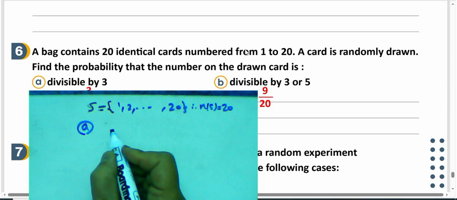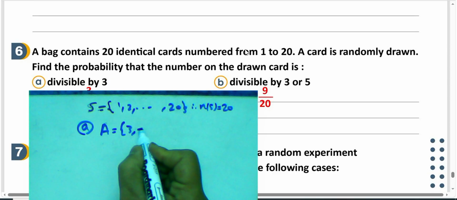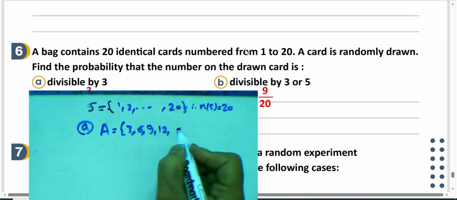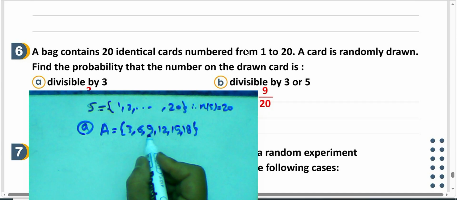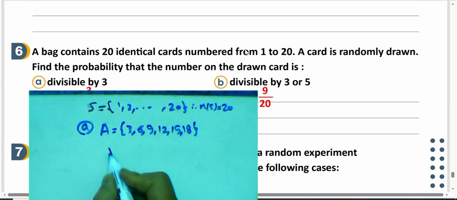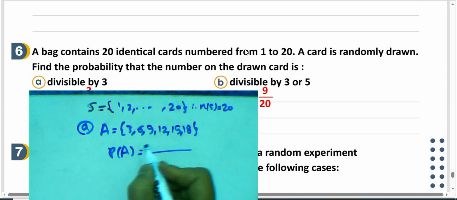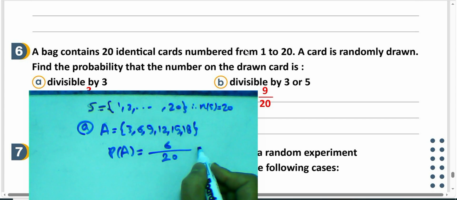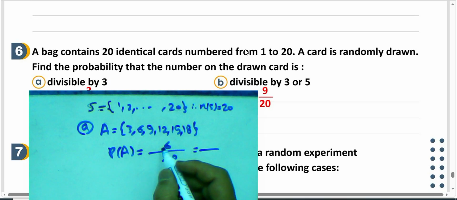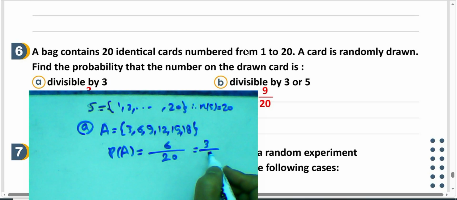So letter A, we want to find the numbers divisible by 3, right? 3, 6, 9, 12, 15, 18. So the probability of event A equals the number of elements here, 1, 2, 3, 4, 5, 6 over 20. 6 over 20, you can simplify by dividing numerator and denominator by 2. 6 divided by 2 is 3 and 20 divided by 2 equals 10.